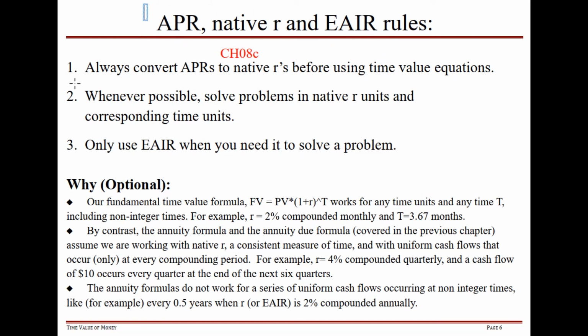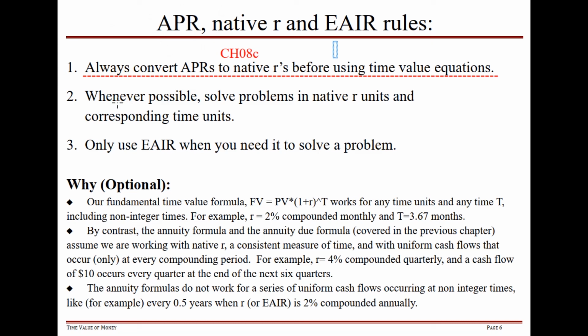So thing number one is we always want to convert APRs to NativeRs before using any of our time value equations, because the APR, as we know, is really a useless quantity, so it doesn't work in any of our time value equations. So why do we torture ourselves with APRs if I'm telling you they're useless? Again, because they are used, usually for nefarious reasons, by many banks, etc., in their advertising. They also come up in some of our bond examples.